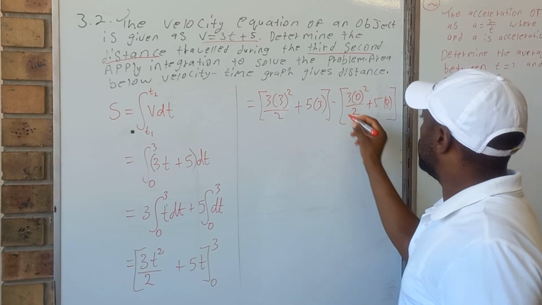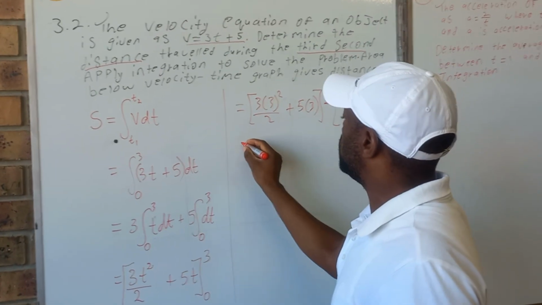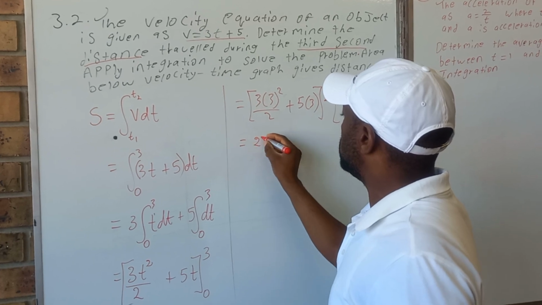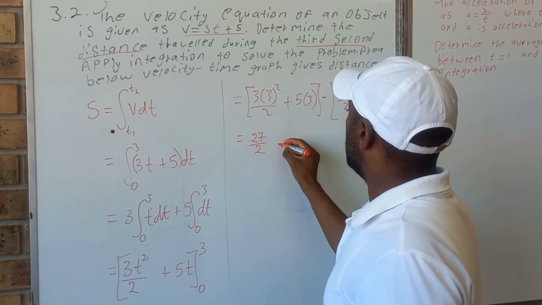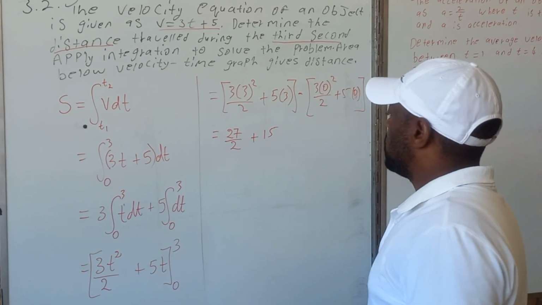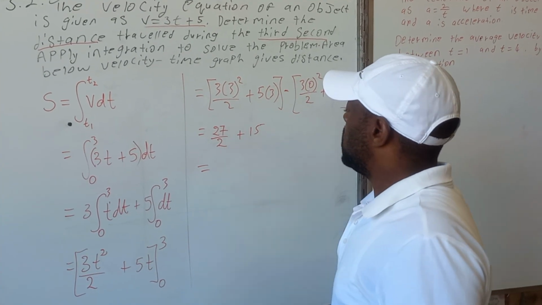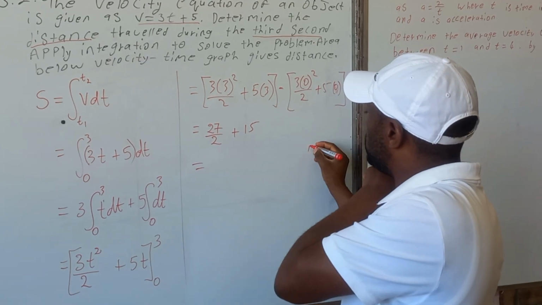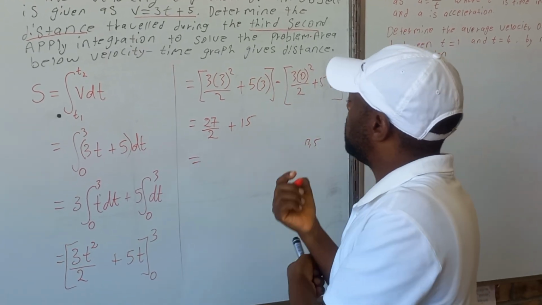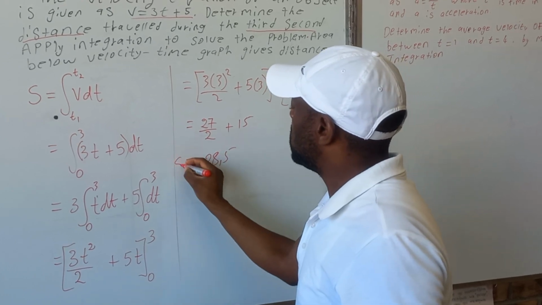So the lower limit is obviously 0. 3 squared is 9, 9 times 3 is 27 over 2, then this one is 15. So it's just for you now to use your calculator. 27 over 2 is 13,5. 13,5 plus 15 is 28,5. So that is your distance.